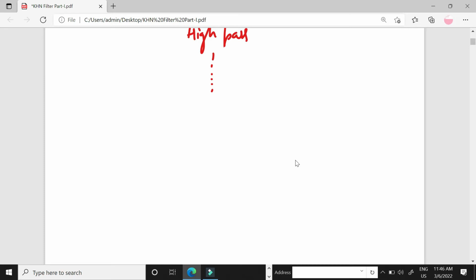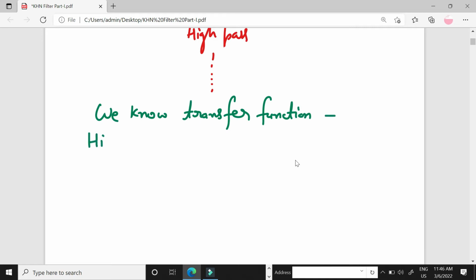So we know the transfer function of high pass, which we have seen in the previous lecture.